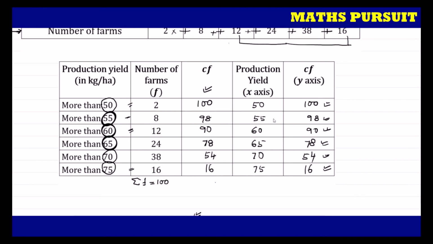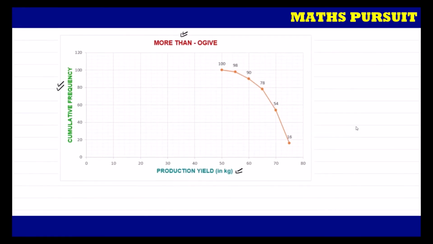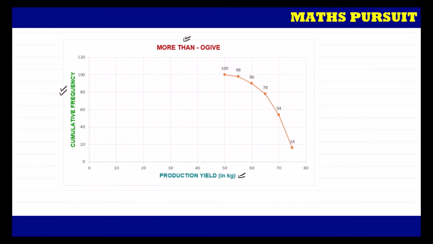But here the numbers are decreasing from a higher number to a lower number. For that reason, particularly for this more than ogive curve, you will always find that the graph always moves downward.